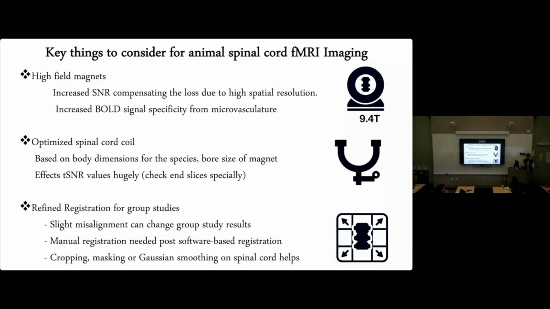And I know in the human Spinal Cord Toolbox also they apply a kind of masking for that purpose. So the registration is something that I would like to give more emphasis for checking during the quality control part of the analysis.